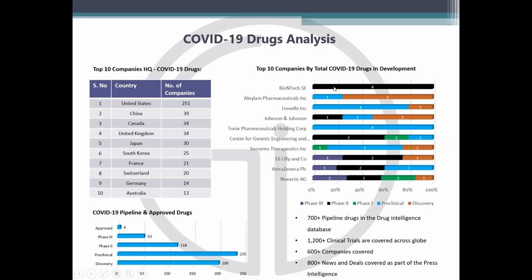And this is the split. Novartis has a major number of pipeline drugs, with 2 phase 3 pipeline drugs in COVID-19 therapy. It includes both the therapies as well as the vaccines. This is the kind of company activity towards COVID-19 treatment.